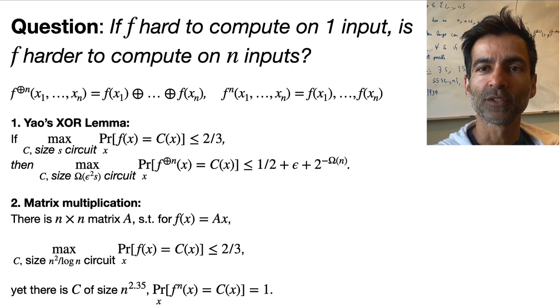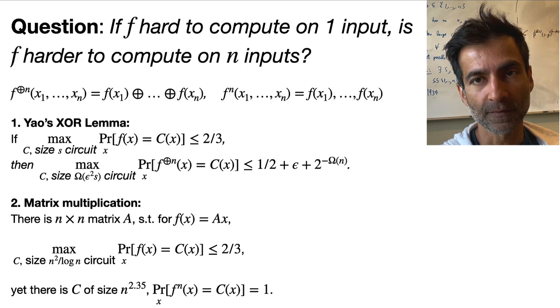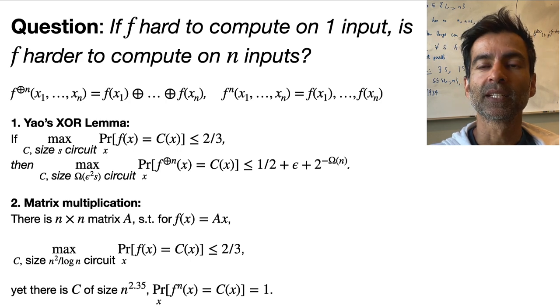You can show that using a counting argument. You can count the number of matrices, there's 2 to the n squared of them, and then you can count the number of circuits of size n squared over log n and reason in that way.